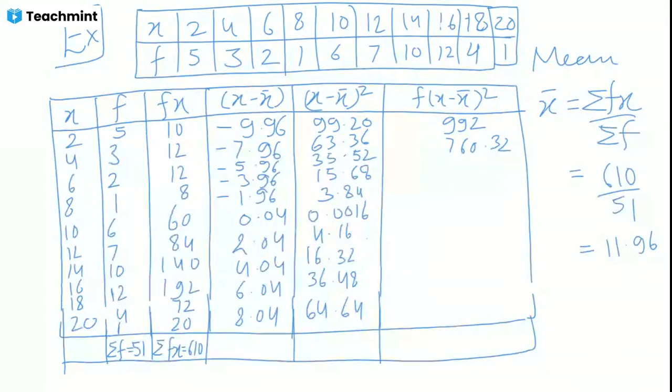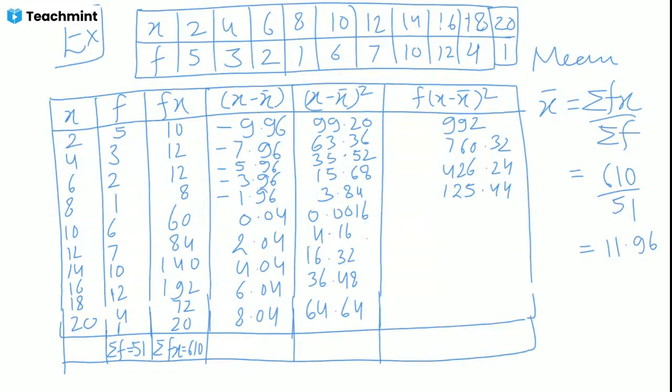Again 35.52 multiplied with 12, then we have 426.24. And then 15.68 is multiplied with 8, so we have 125.44. And now 3.84 multiplied with 6.